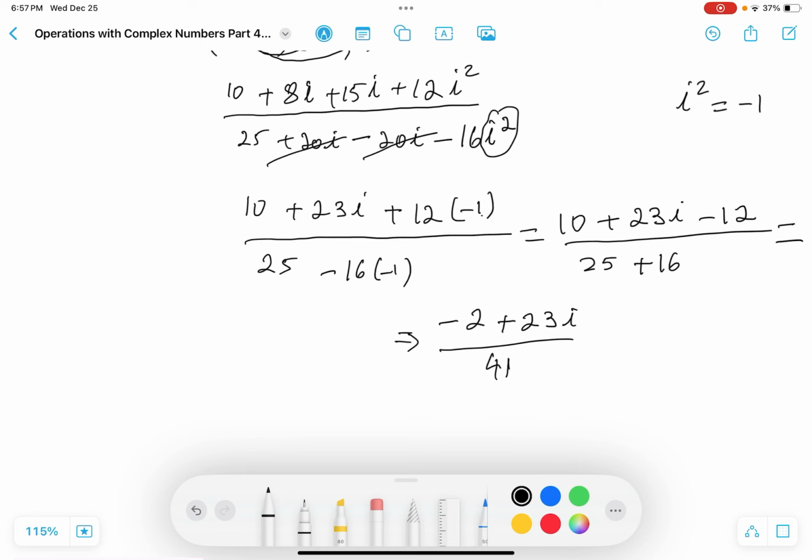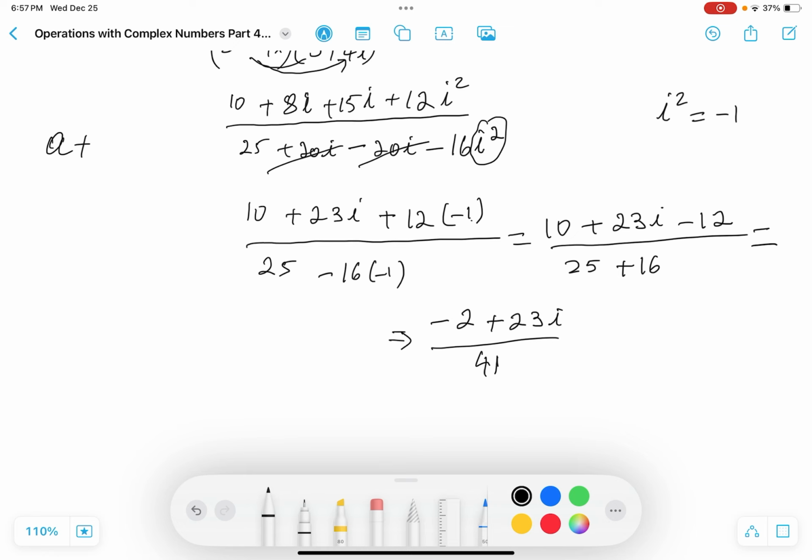Standard form means we have the number in the form a plus bi. This one for the moment doesn't look like it's in standard form. To make it standard form, we have to divide negative 2 over 41, plus 23i over 41.